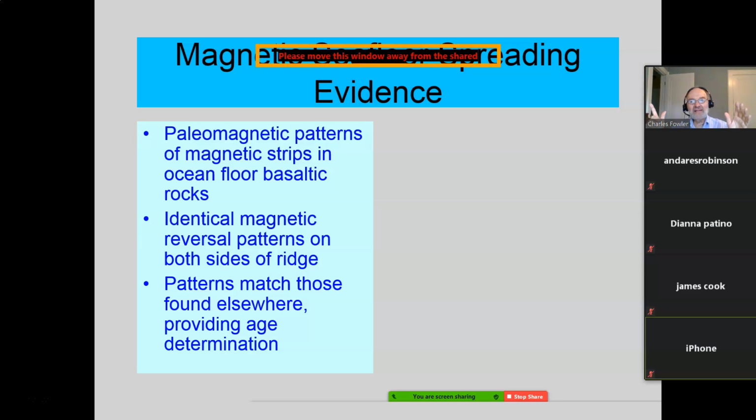Now, paleo usually means ancient, a very long time ago. Magnetic patterns of magnetic strips in the ocean floor basaltic rocks. They're mostly iron rocks. If they were deposited at times of strong earth magnetic field, they would form magnetite in pretty strong forms.